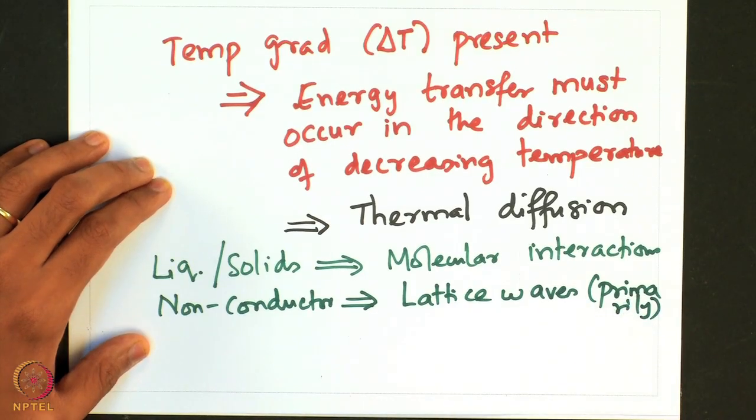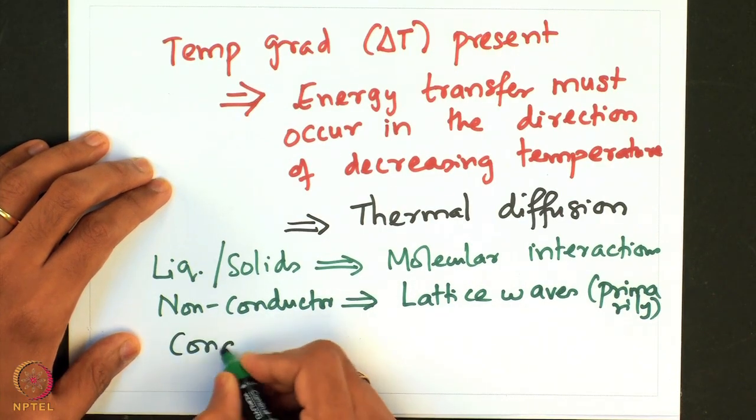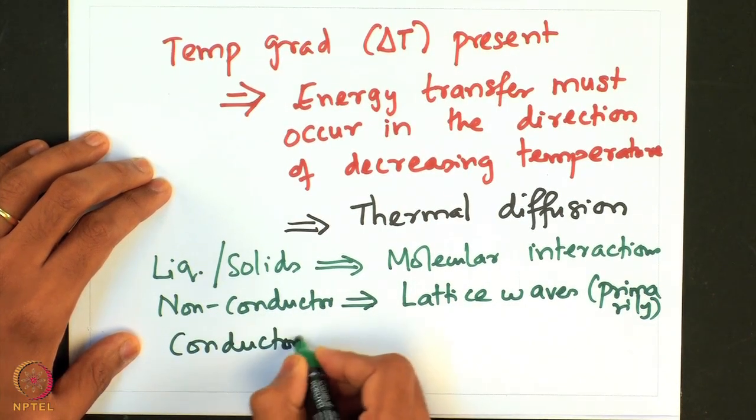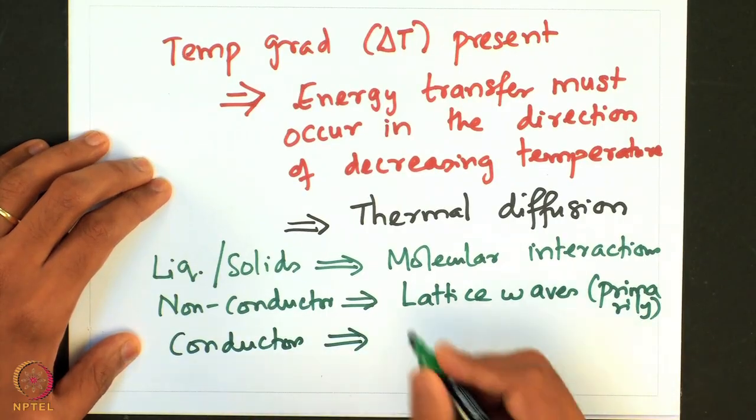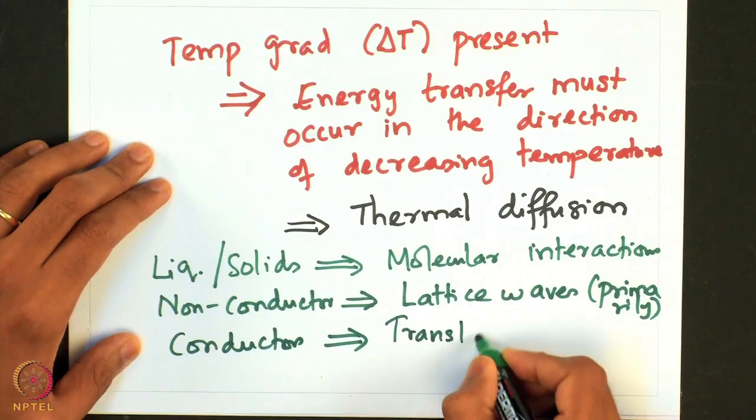The primary mechanism that governs thermal diffusion in a non-conductor is lattice waves, and in the case of conductors, it is governed by the translational motion of electrons.